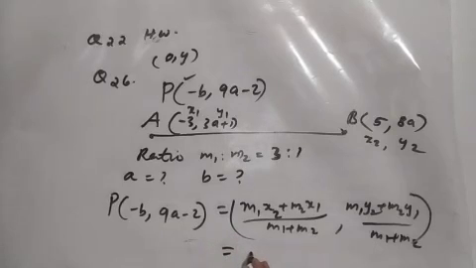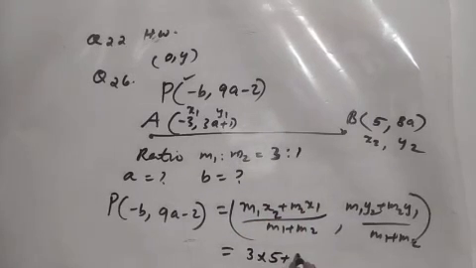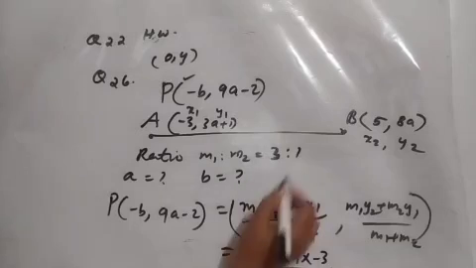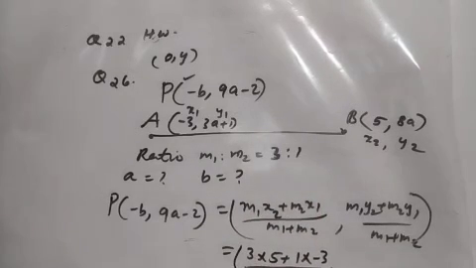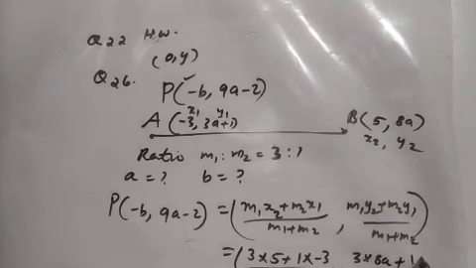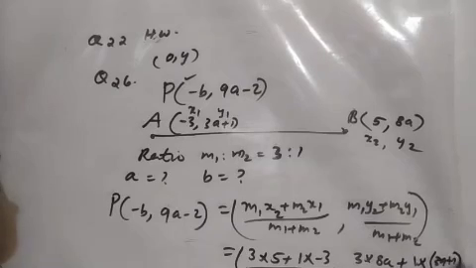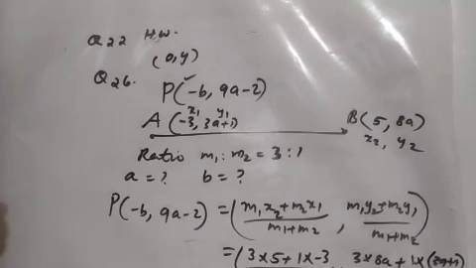Let us substitute. m1 is 3, x2 is 5, plus m2 is 1, x1 is minus 3, by 3 plus 1. Similarly, 3 into y2, that is 8a, plus 1 into y1, 3a plus 1, by 3 plus 1.